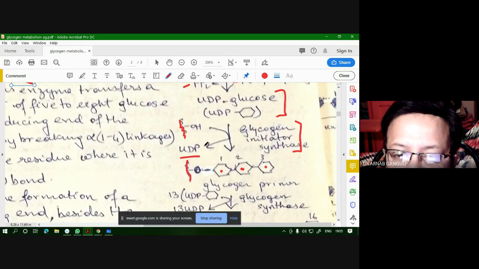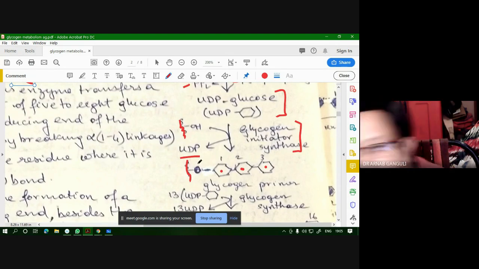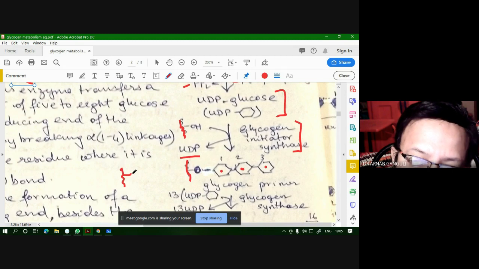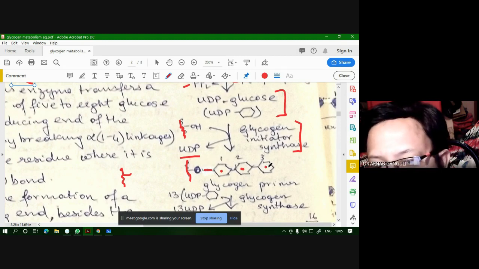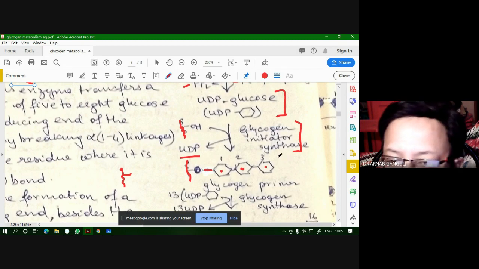There is this OH group, and to this OH group it becomes O. So it's the glycogen chain, and there is an OH group.